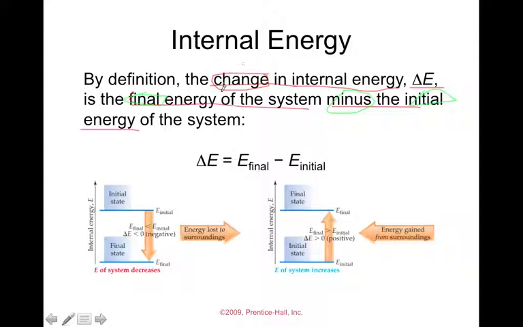You learned this in physics, you learned this in chemistry, you're going to keep learning this in physics, and in AP Chem. So it's just one of those concepts that you need to remember. Change in internal energy is equal to the final energy minus the initial energy.